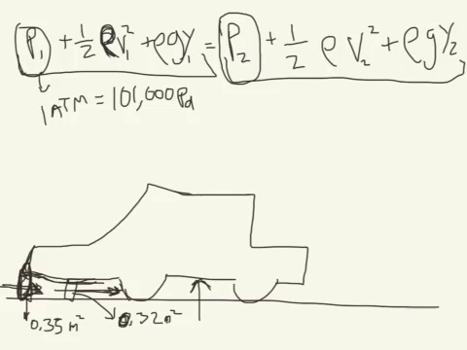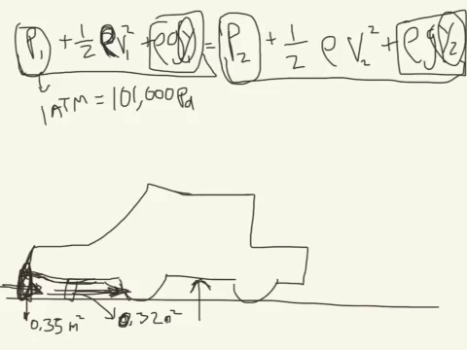Now let's simplify this a little bit. This term here, the rho g y term, what that's there for is to take into account difference in height, difference in elevation of the pipe where fluid is flowing. So that y is the height of the pipe. But what we're saying is our pipe, our area under the car, doesn't go up or down. So whatever y1 is, we'll probably say it's 0, is the same as y2.